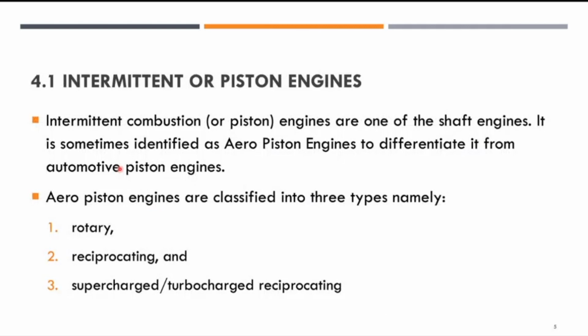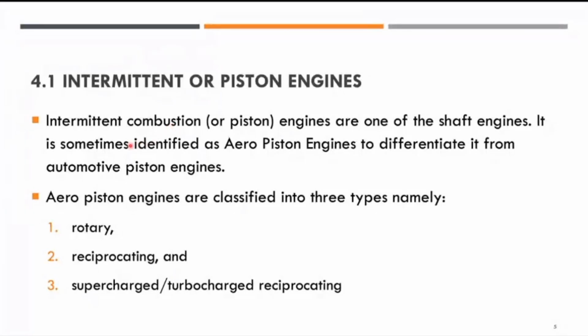The intermittent or piston engine: in our previous lecture, in the gas power cycle, we have already touched on the cycles of various types of engines, including piston engines, which are the Otto and diesel engines. So for today, we will look again, but we are going to cover a little bit deeper, looking into the application of intermittent or piston engines.